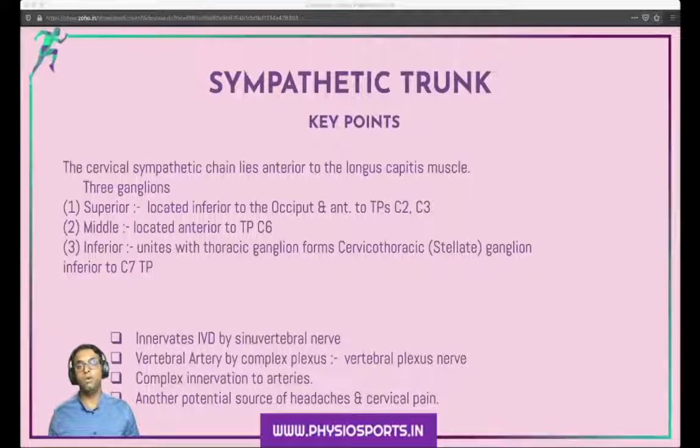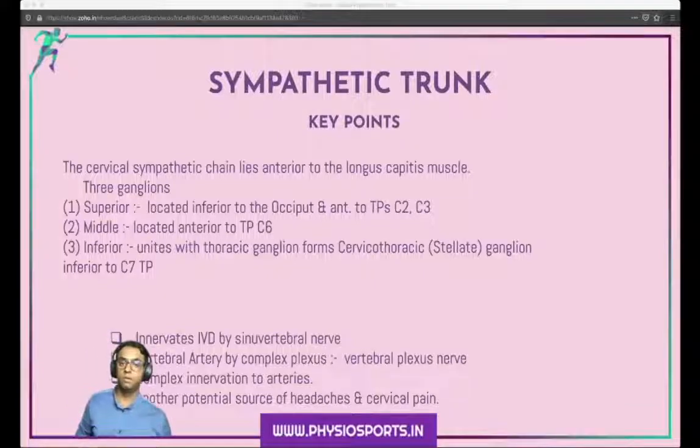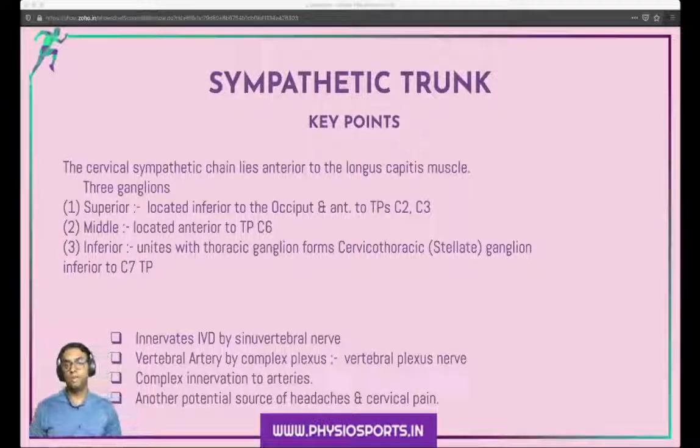There are three ganglions: the superior, which is located inferior to the suboccipital region and anterior to the transverse process of C2, C3; the middle one, which is located anterior to the transverse process of C6; and the inferior ganglion, which unites with the thoracic ganglion and forms the cervicothoracic, also known as the stellate ganglion, which lies inferior to the transverse process of C7.